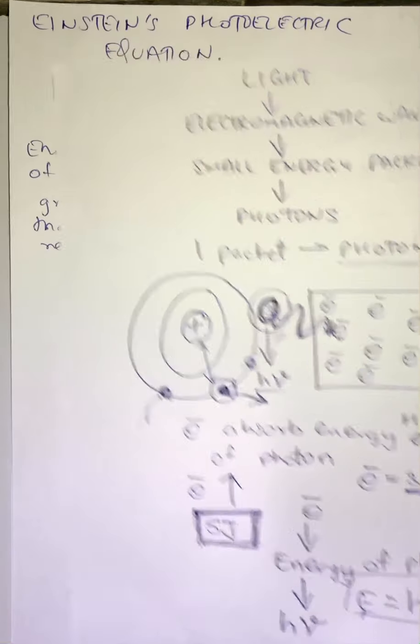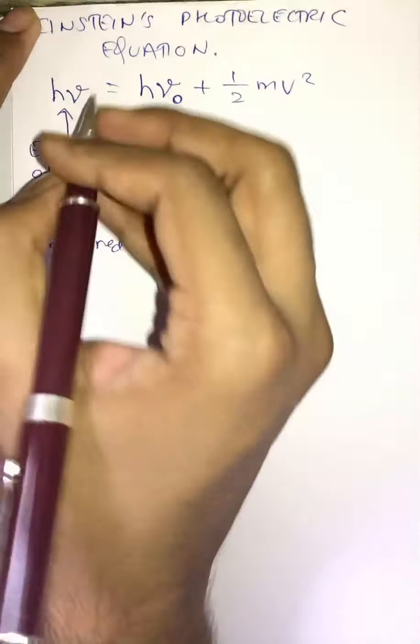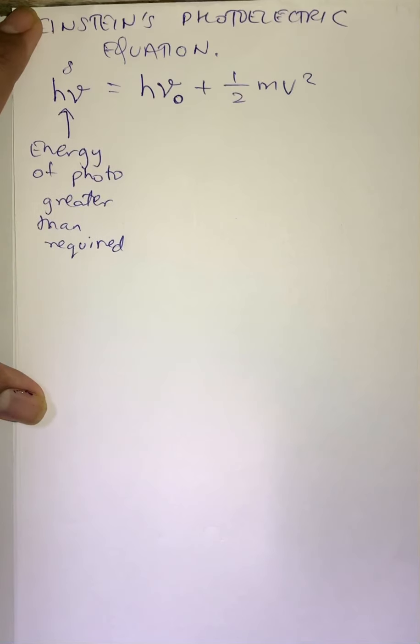So suppose you incident a photon which has 8 joules of energy.